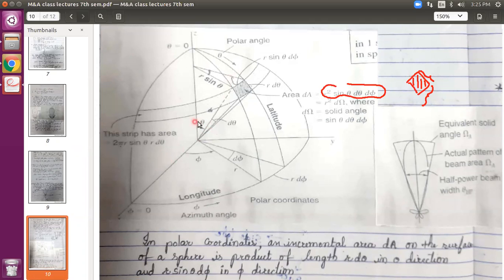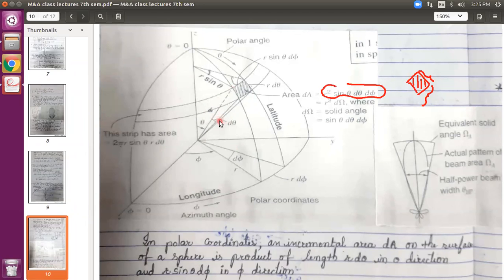If this is the direction in which we measure theta, and this small portion of area dA we have considered, then through this area only d theta will be the angle, not the overall. Overall will be theta. A small portion of area will be covering a small portion of angle, d theta. I hope you got this.